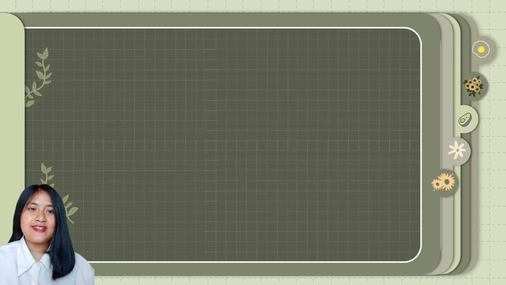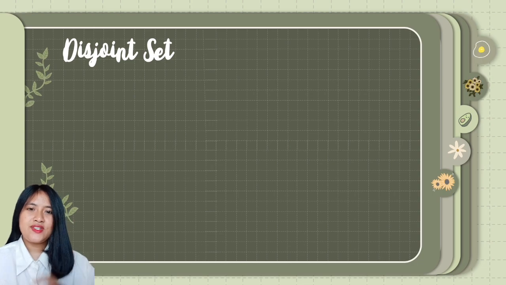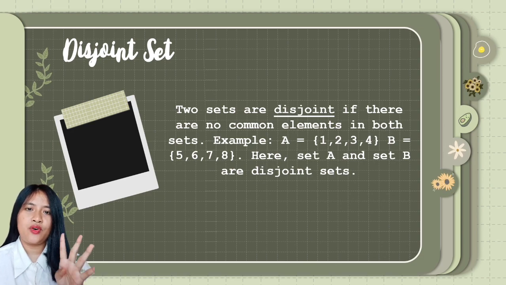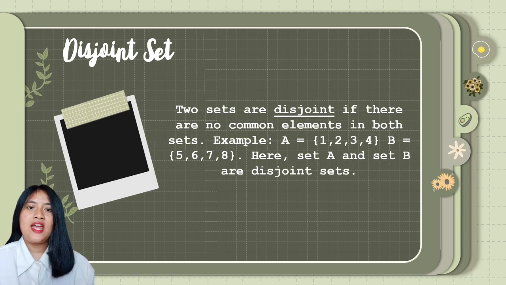Number 7 is disjoint set. Two sets are disjoint if there are no common elements in both sets. Example, set A with elements 1, 2, 3, 4 and set B with elements 5, 6, 7, 8. Here, set A and set B are disjoint sets.